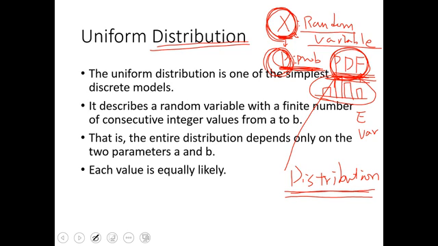And to study the probability distribution function has the same meaning as to study the random variable. So if you want to know the property of a random variable, then you should study the probability distribution function. That means you should study the distribution.